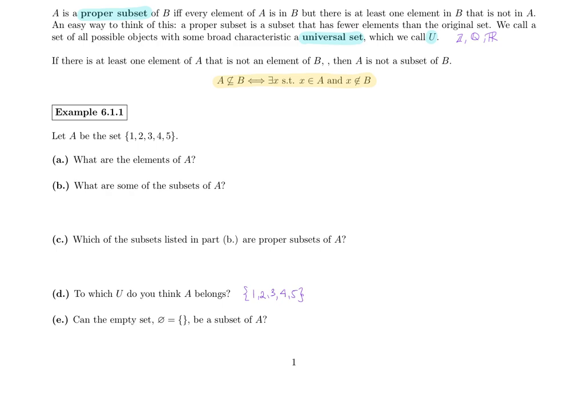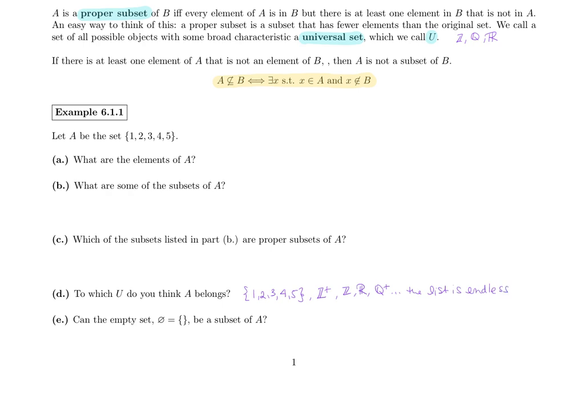It could be that U is the set of positive integers, maybe Z plus. Maybe it's all integers. Maybe it's all real numbers. Maybe it's the positive rationals. The list is endless, right?